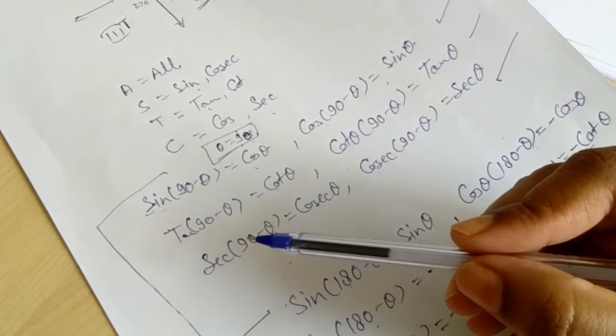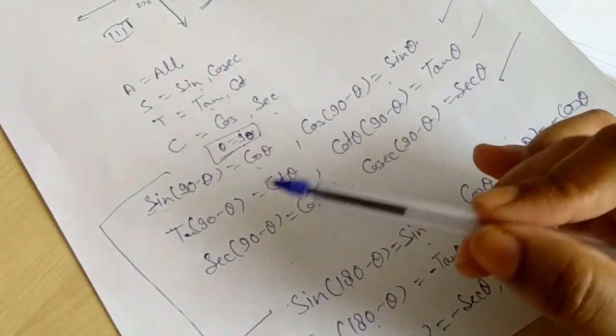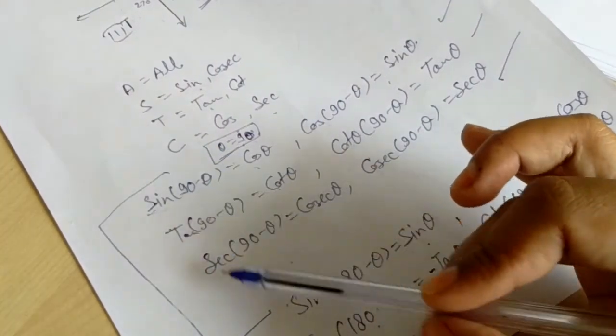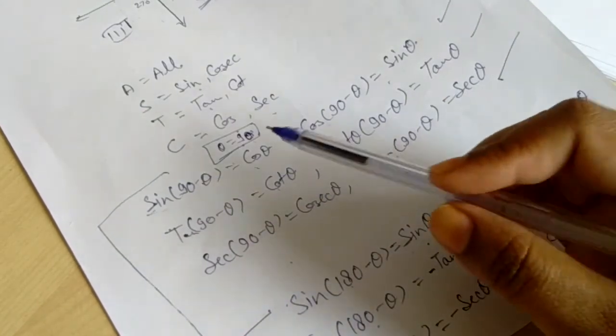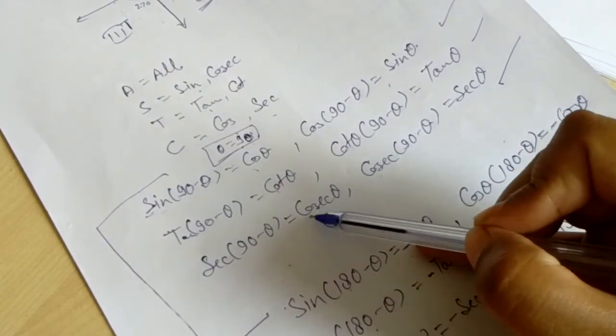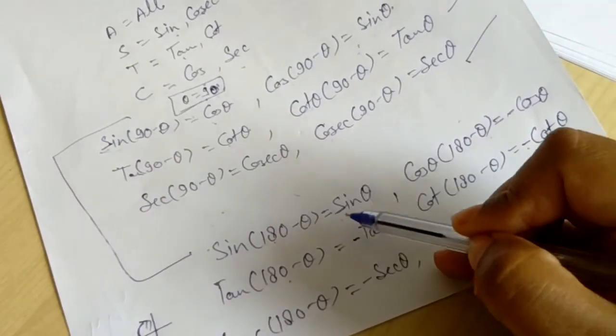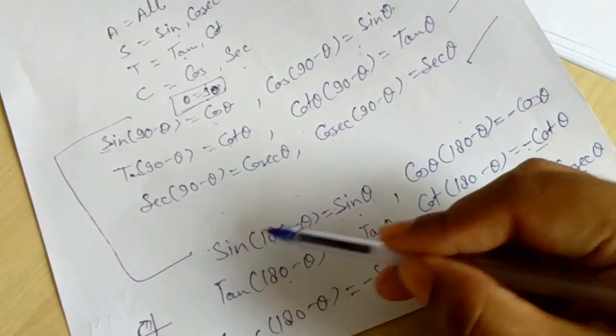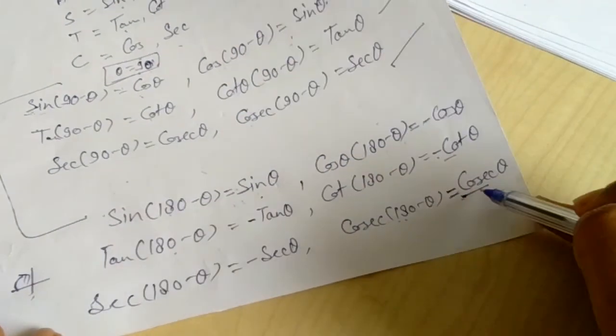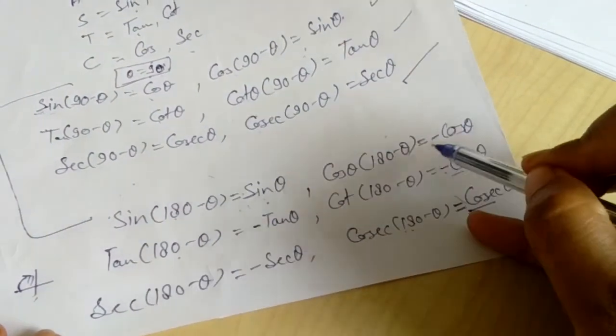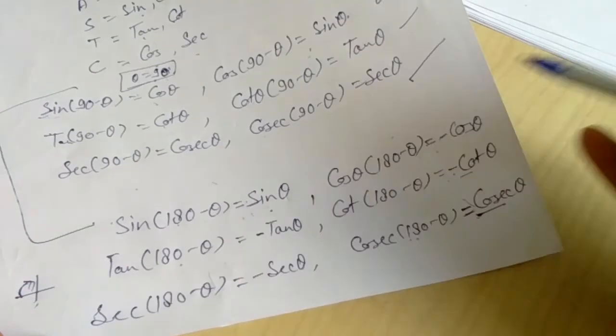But on 180 and 360 there will be no change in ratios, but in all four conditions there will be changes in the sign according to the quadrants. Meaning in the second quadrant we will put the value of sine and cosec positive, but the remaining will be negative, and similarly for all the quadrants.